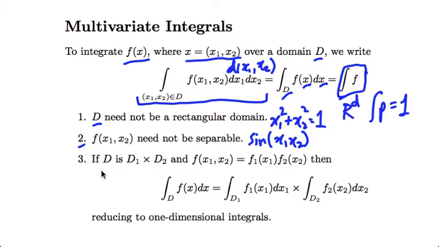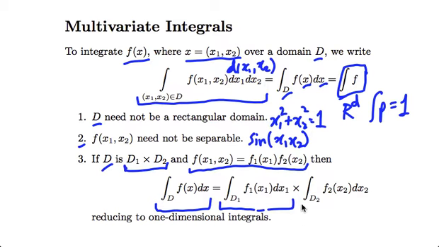But if we are in the case that we are in a product domain, that is D is a rectangular set, D1 cross D2, which basically means that x1's domain is D1 and x2's domain is D2, and if f of x1, x2 was f1 of x1 times f2 of x2, so it decomposed over the variables, then the integral over D of f of x dx can be written as the integral over D1 of f1 of x1 times the integral over D2 of f2 of x2.